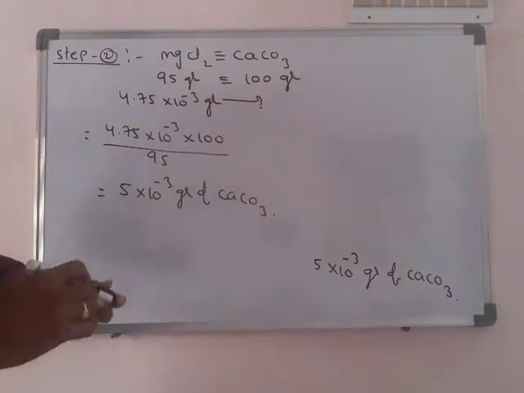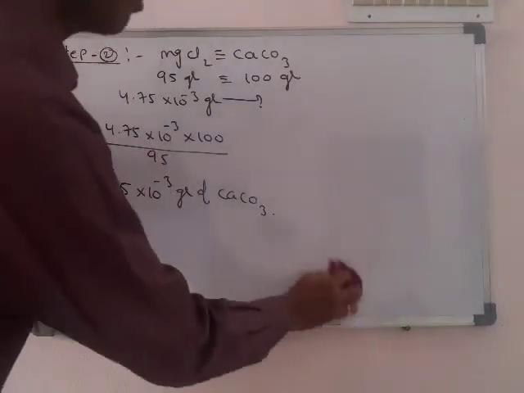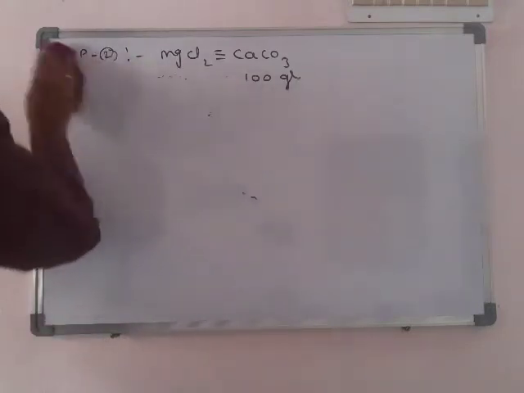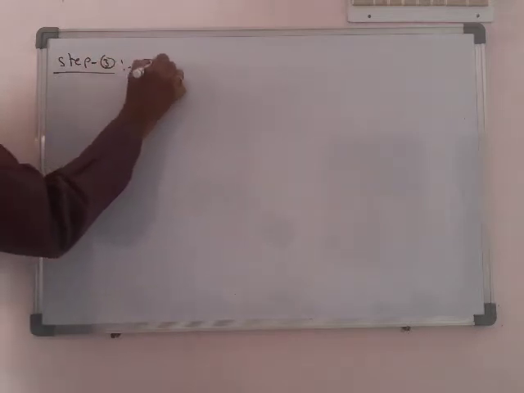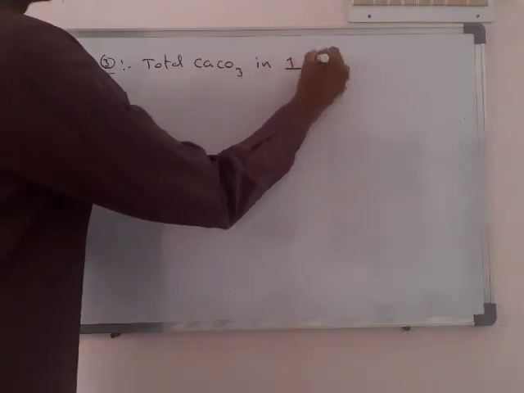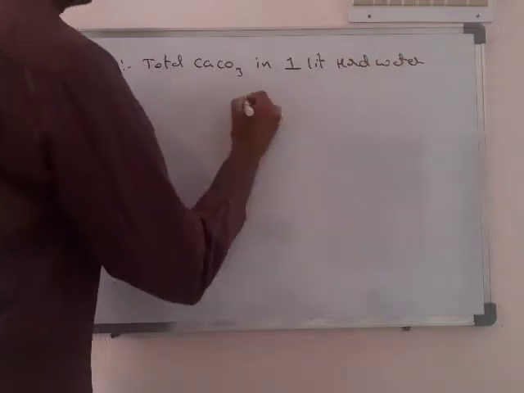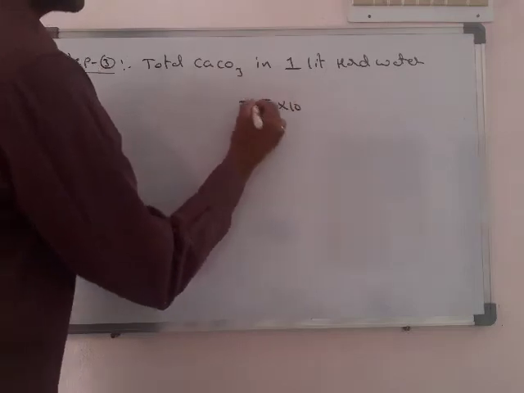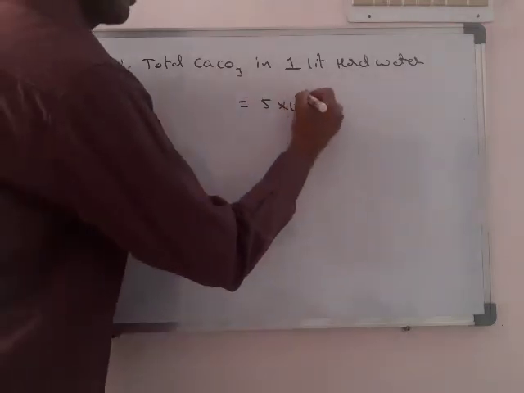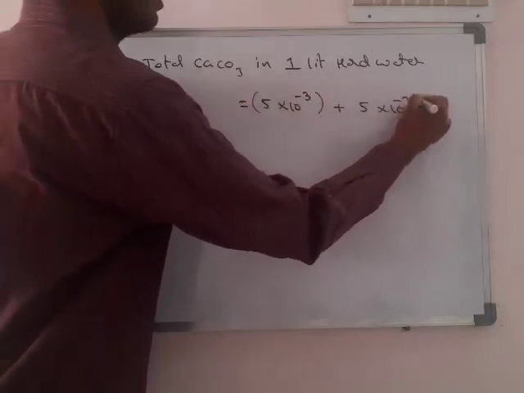Okay, so now we have to find out the total hardness. So therefore the amount of total calcium carbonate in 1 liter of hard water is equal to, so just now we did, calcium chloride converted to calcium carbonate grams, plus again we got both values same.